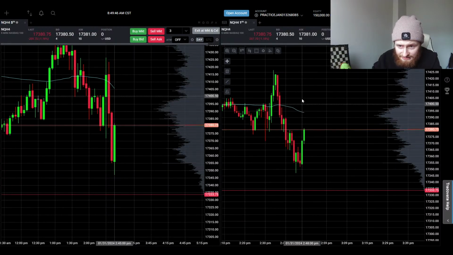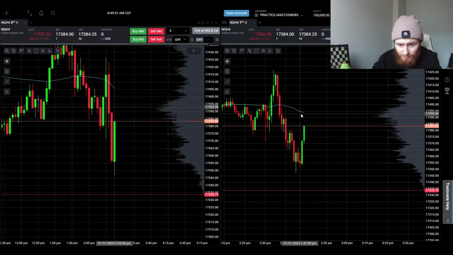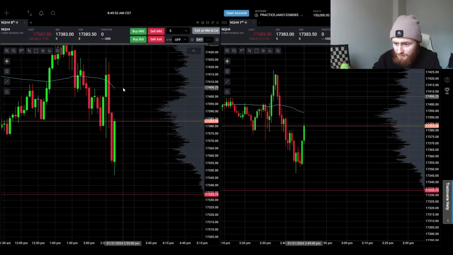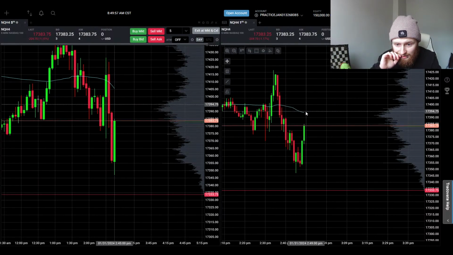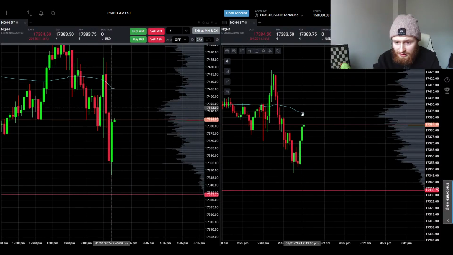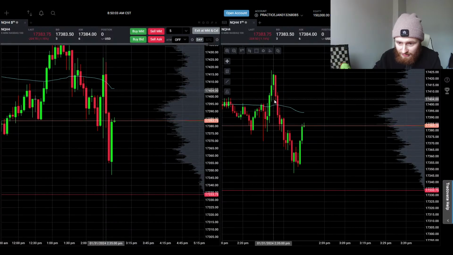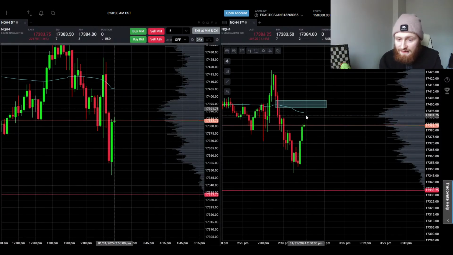The very least we're going to be taking a trade off of the VWAP here. On the 1 minute, that would be 39. On that one it's 407. So there's not very much between them. What we're gonna do is have a look at this FVG just above fair value, the fair value gap right above the VWAP.